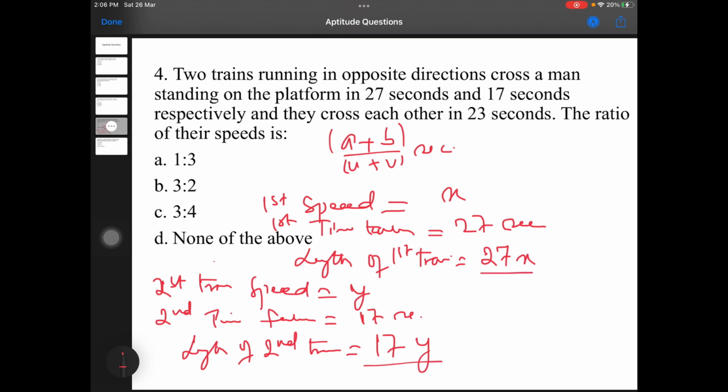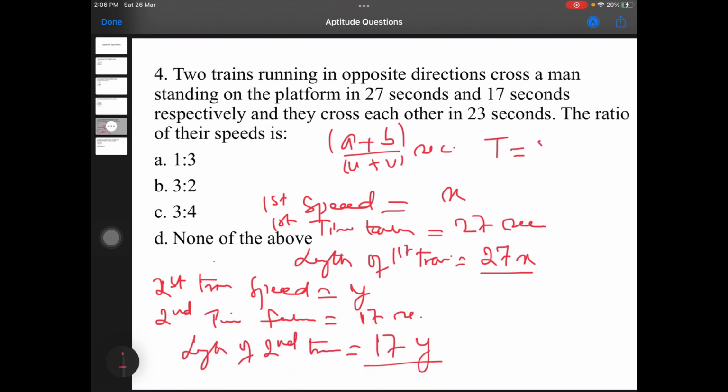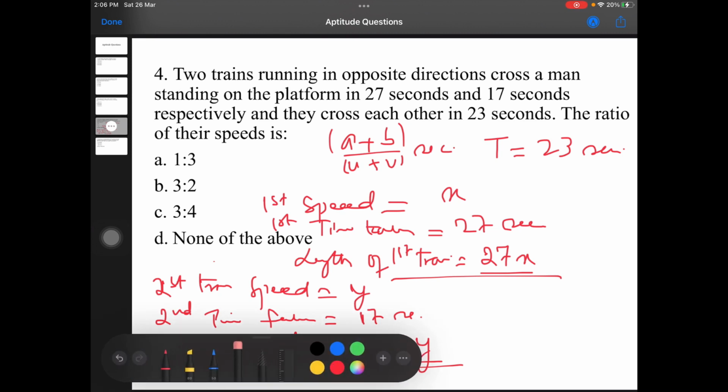So here we have the length of the first train and the second train. And the time these trains take to cross each other is given as 23 seconds. So now we can substitute these values in our formula.